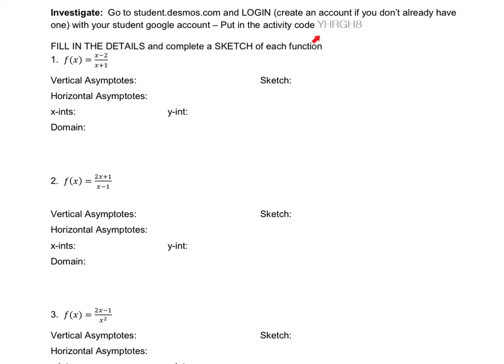And this activity code just has the graphs already there for you so that you don't have to type them out. So this first equation right here would be written in Desmos. And you're going to use that graph to state the equations of the vertical asymptotes, the equations of the horizontal asymptotes, the x-intercepts, y-intercepts, and the domain. Those are the 5 characteristics that we are going to focus on.